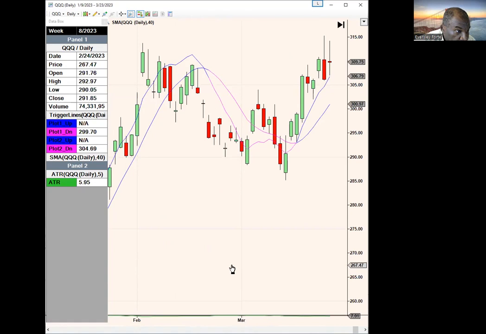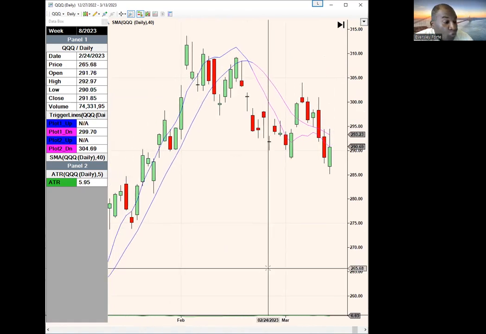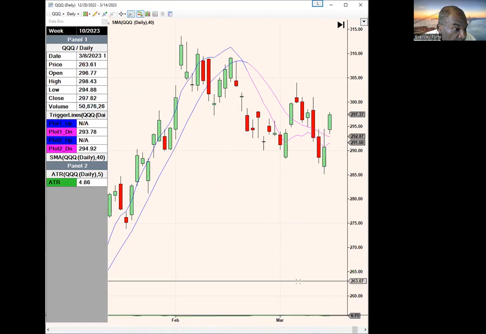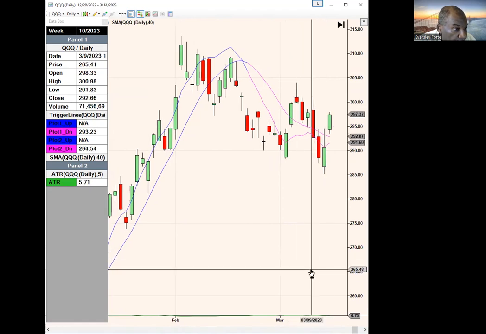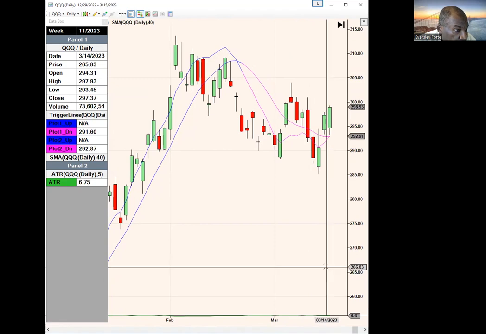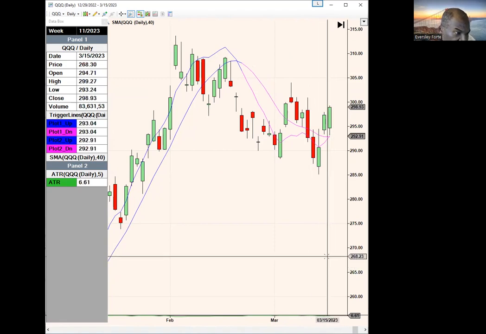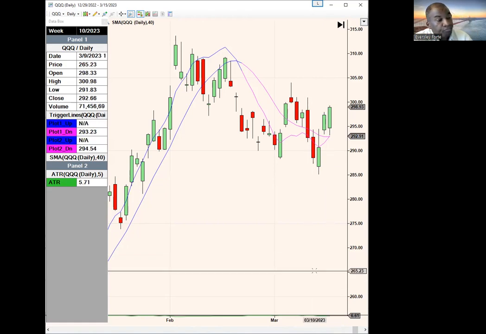So here's what we were looking for each day. You look at the chart. Is there a crossover? No. Next day, a crossover? No. Next day, a crossover? You can kind of tell, oh yeah, it did cross. You can't really tell with your eyes, so you look at the data box, and you say, hey, yeah, they did cross. Plot 1 is now above plot 2. We have a crossover.